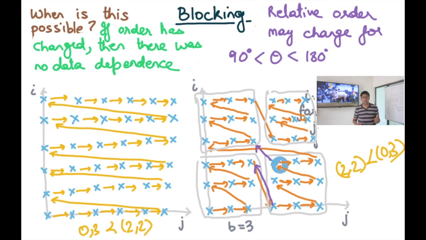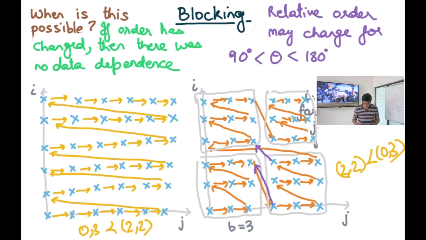But I also wanted to point out that it's not the other way around. It's not necessary that whenever theta is greater than 90, the relative order will change. So the statement says that relative order changes only if theta was greater than 90. It's not an if and only if, it's an only if.